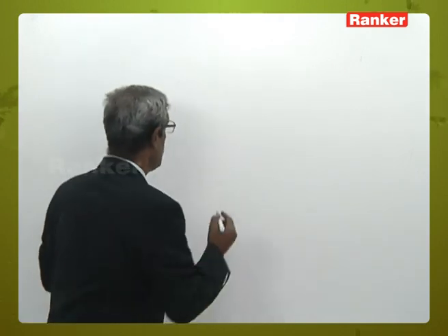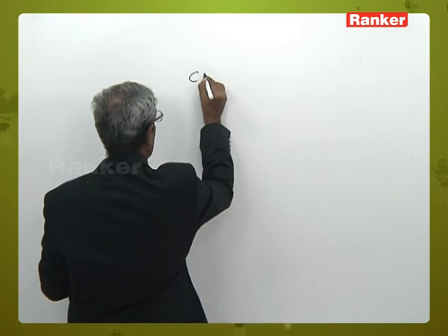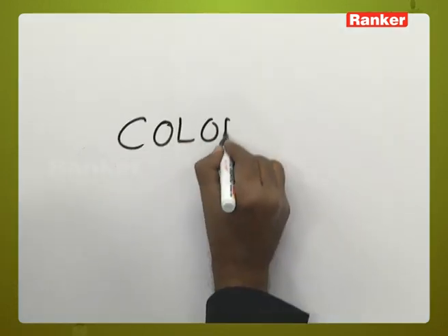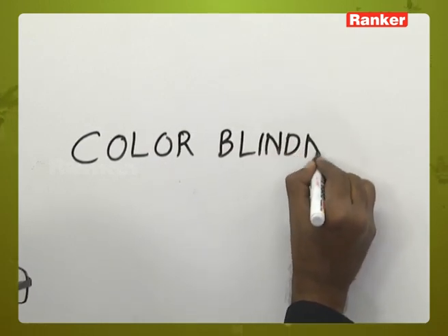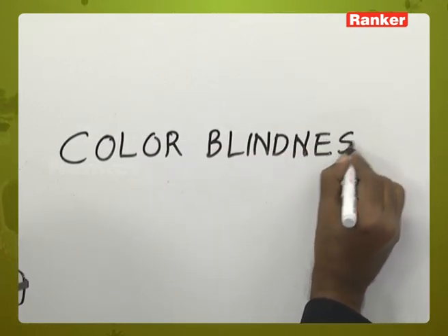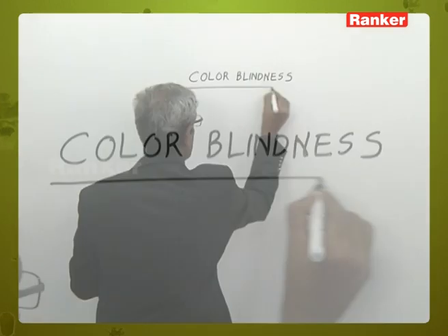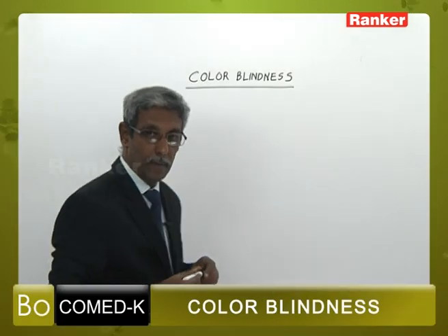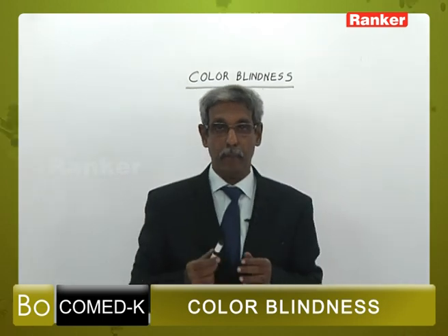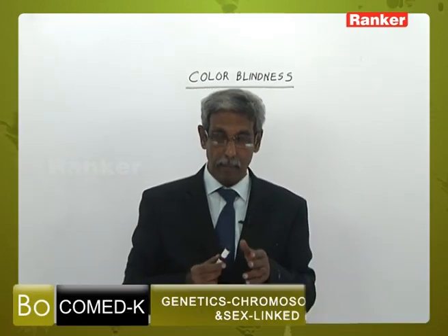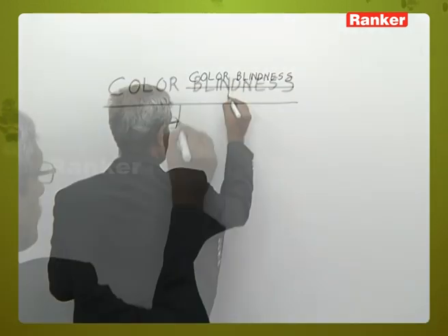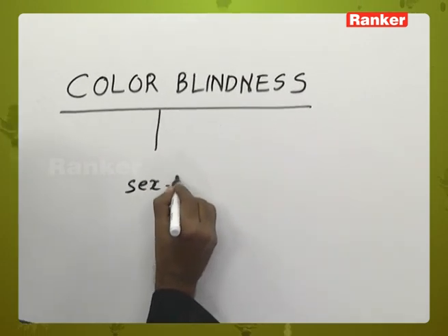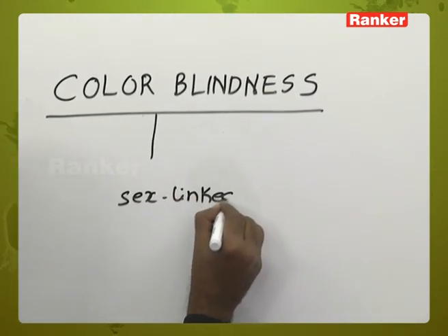Next, we go into another pattern of inheritance, which relates to color blindness. Color blindness is a very important disease or metabolic disorder which is again a sex-linked trait.